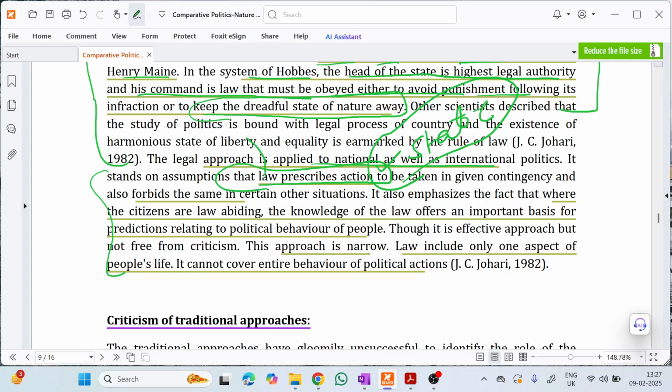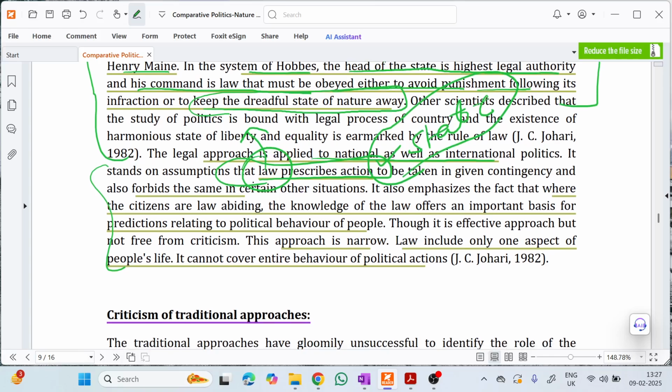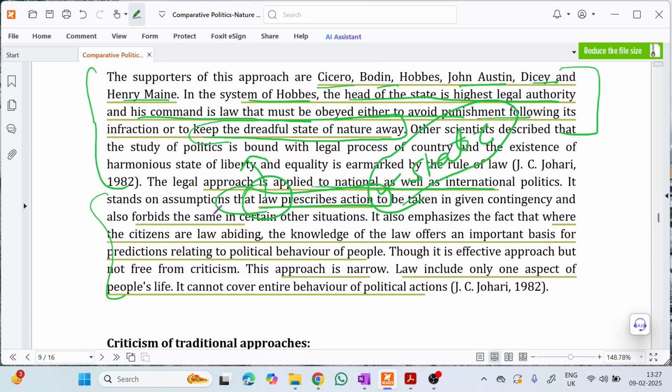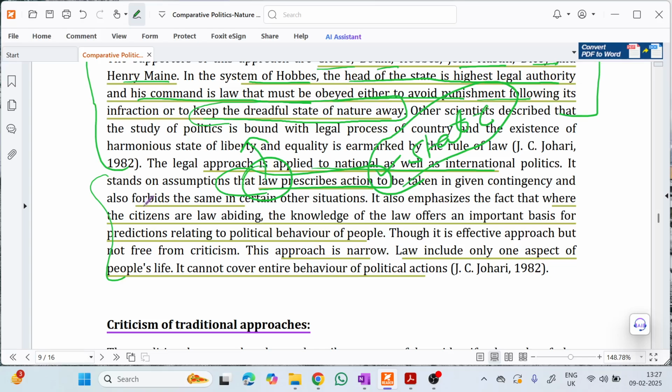Law is not everything, and people are not born out of law. It's the people who have created law. Law did not create people, but still we need to see what it is rather than what it should be. The assumption is that law prescribes the action to be taken in a given contingency and forbids the same action in other circumstances.